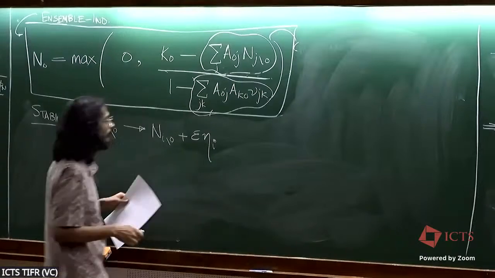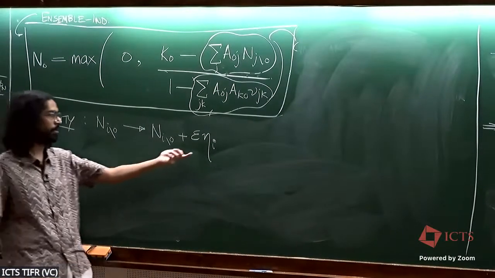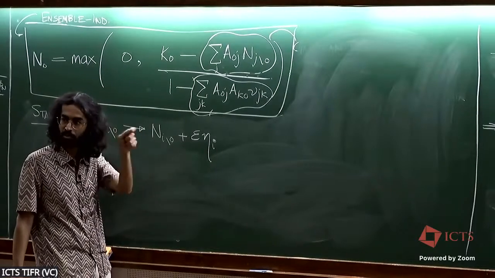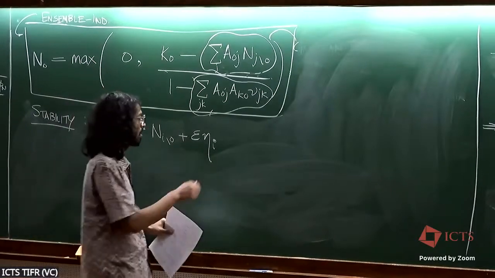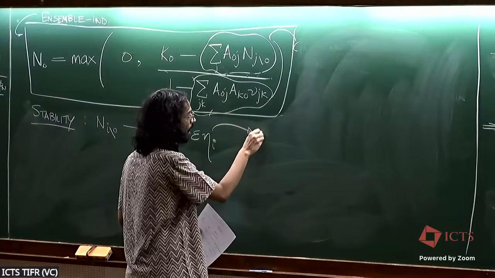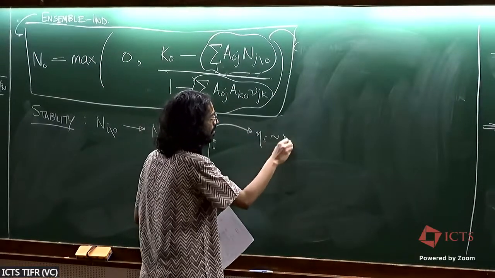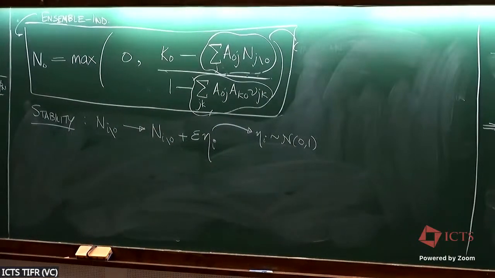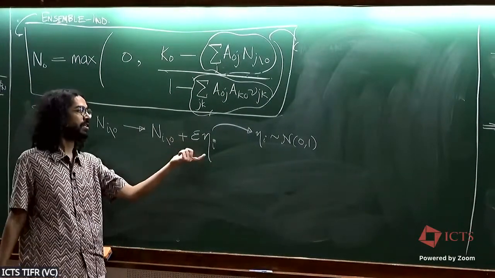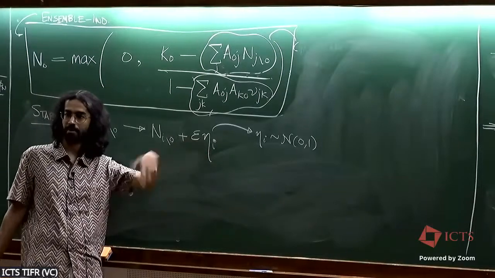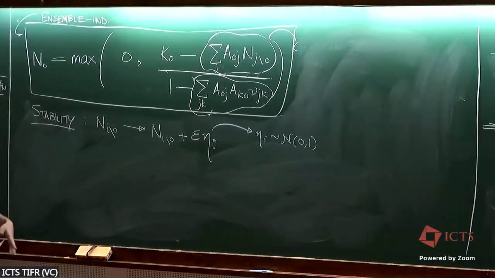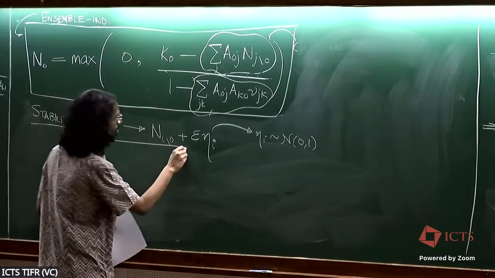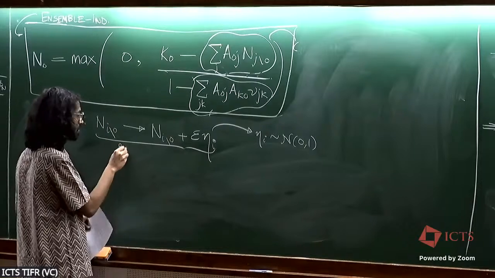The way that we'll add a perturbation will be in the following way. There's some scale epsilon, which decides how small or large the perturbation is. This eta_i is just a standard normal value, right? For some species, you add a little bit. For some species, you subtract a little bit. Some random perturbation.